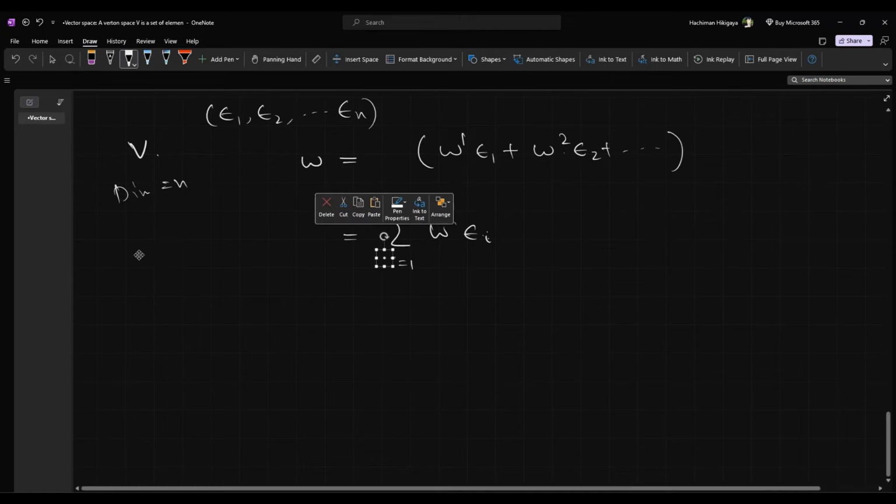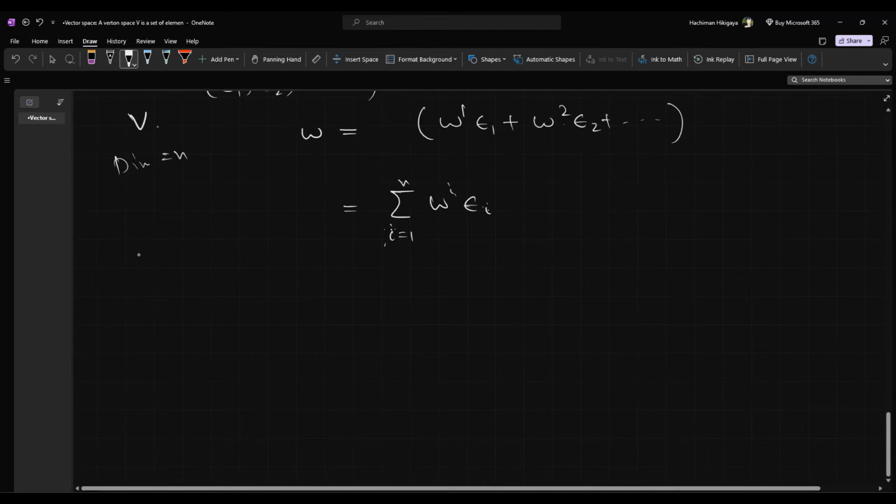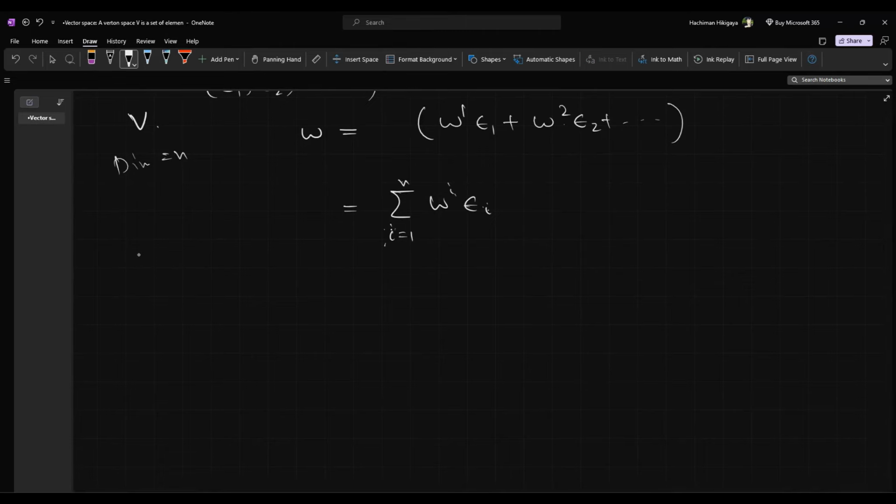There is a convention called Einstein summation convention, where we do not write the summation whenever we see a repeated index, as the repeated index is i. It should be clear from this that there is a sum hidden. There is a sum, but we don't write it. So we write it as this.